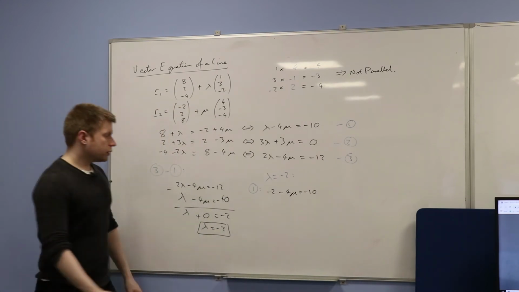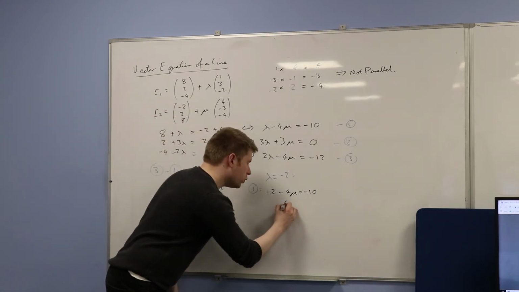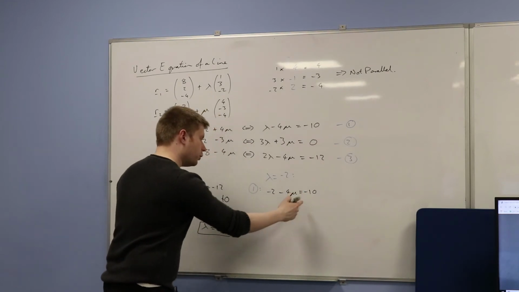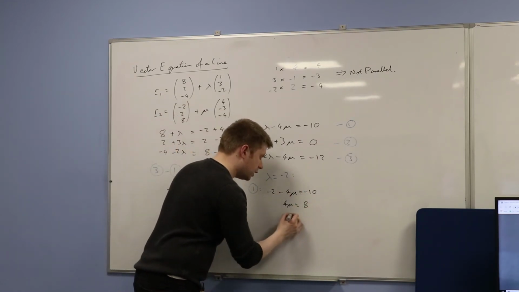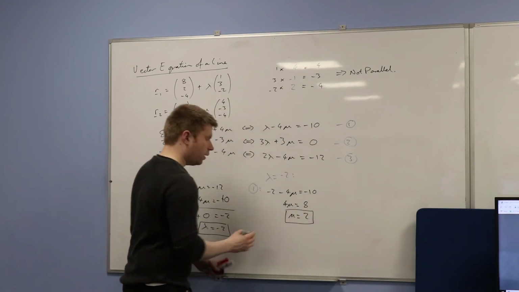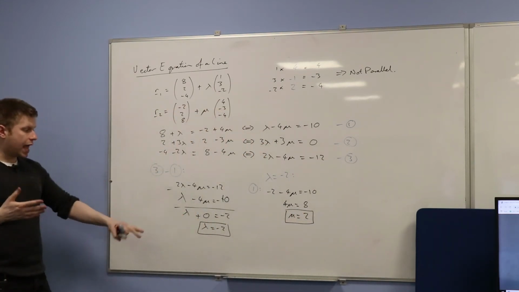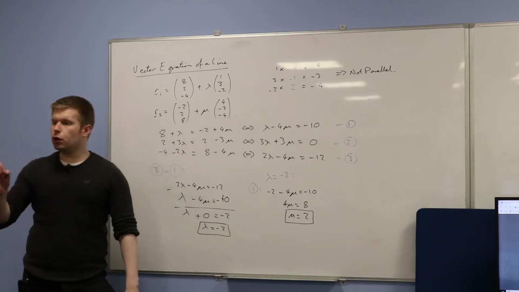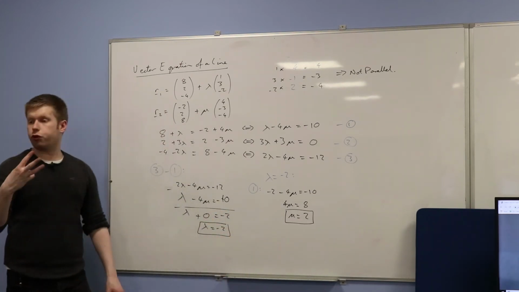So 4 mu equals -2 plus 10, which is 8, which means that mu should come out as 2. So basically I'm saying lambda equals -2, mu equals 2. I've got to make sure it works in all 3 equations.